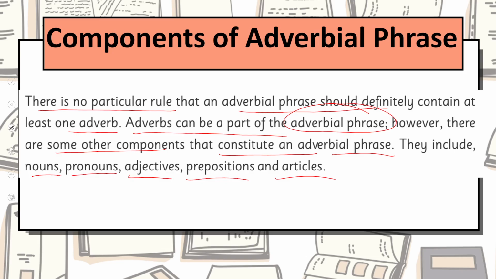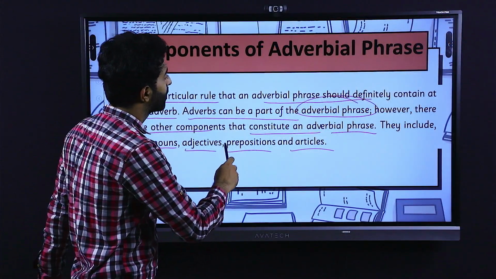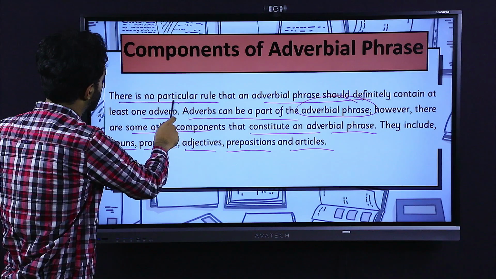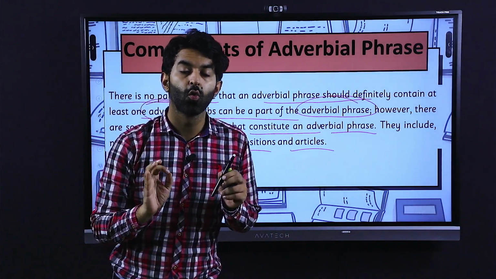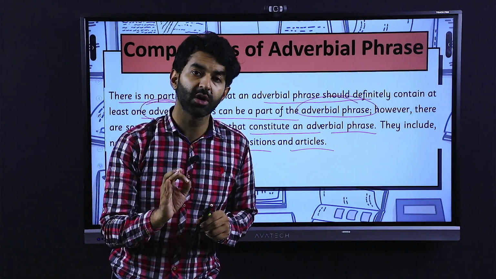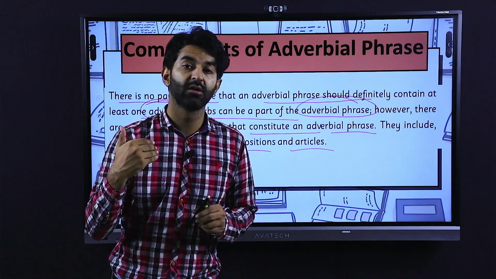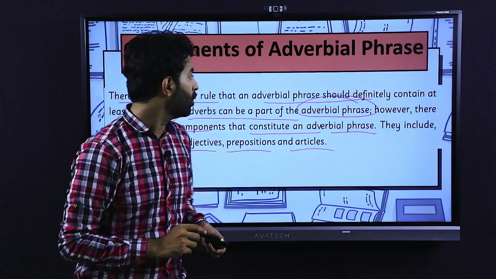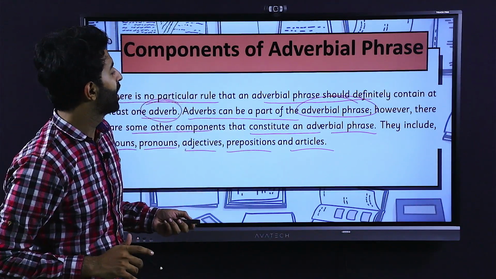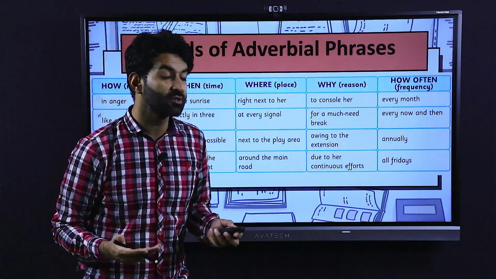If we talk about one particular rule, there is none, and the adverbial phrase must have at least one word that is acting as an adverb, that is explaining and describing any action, any verb. So this is just the plain rule, and they include all your nouns, pronouns, adjectives, prepositions, etc.